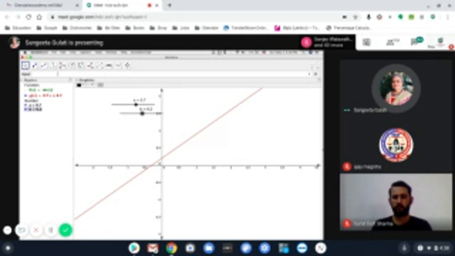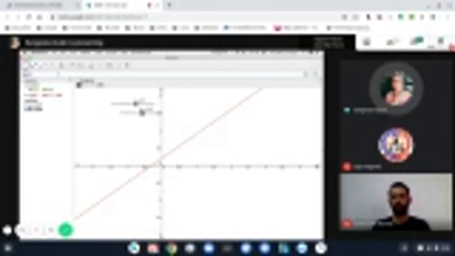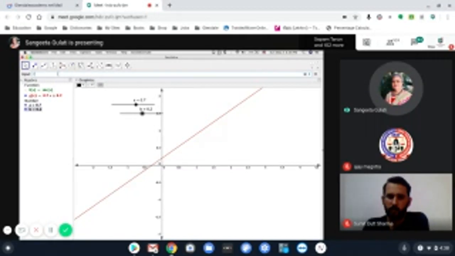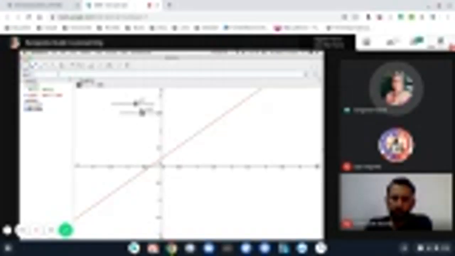So this is something which you can try at every level. It doesn't have to be 11th and 12th. In other classes also, we talk about lines, systems of equations that are coincident, which are dependent. So how do we get those systems of equations?